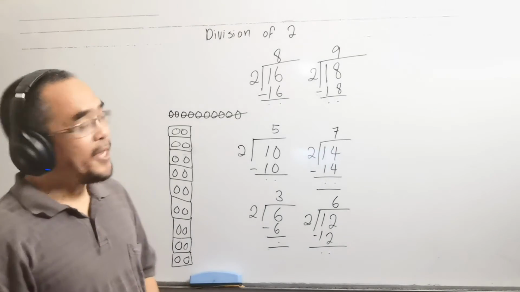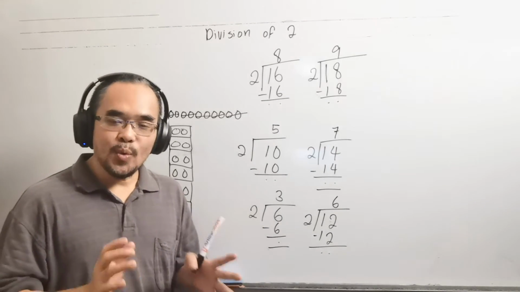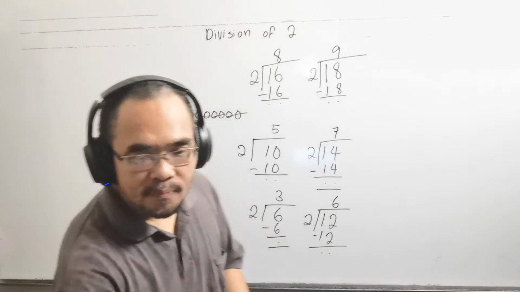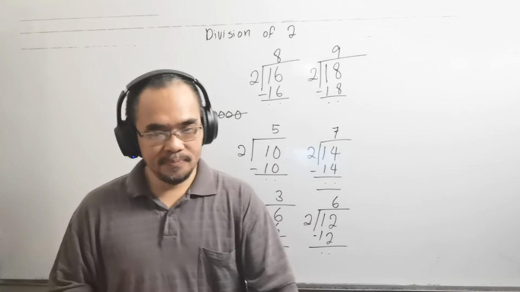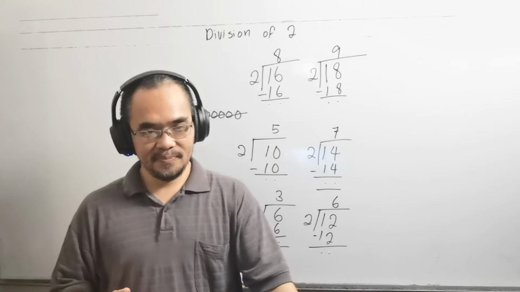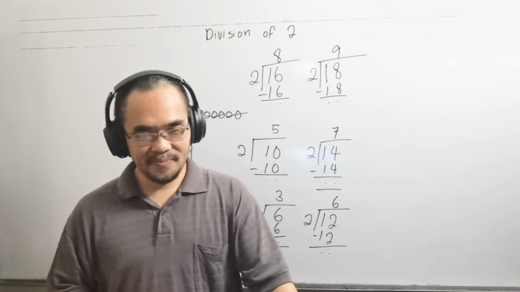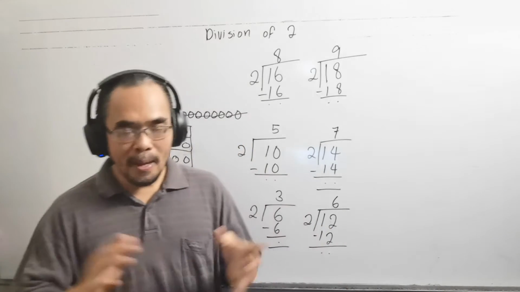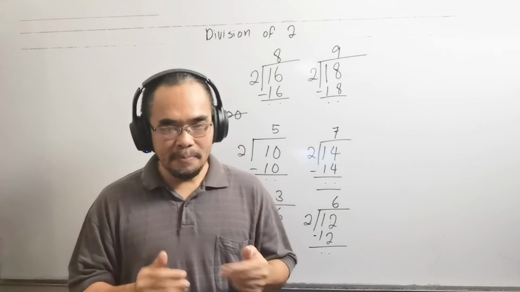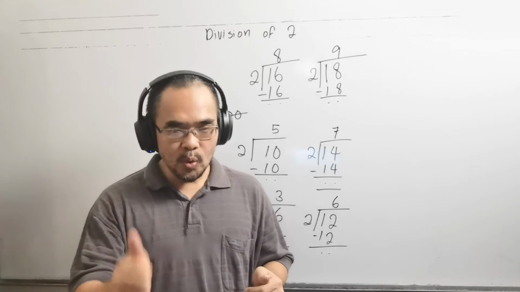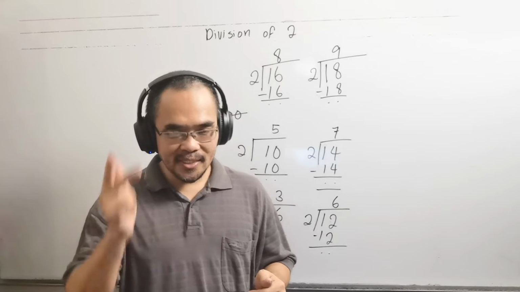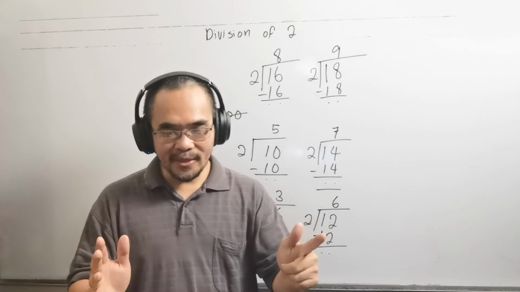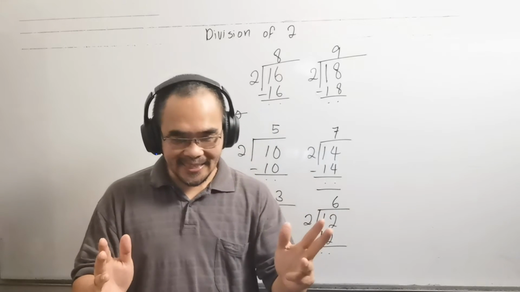Okay, now we are going to have bigger numbers. You memorize multiplication of 2: 2, 4, 6, 8, 10, 12, 14, 16, 18.